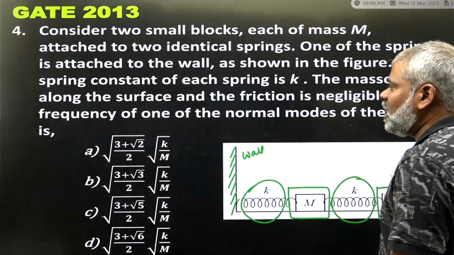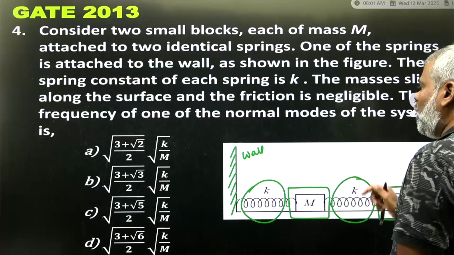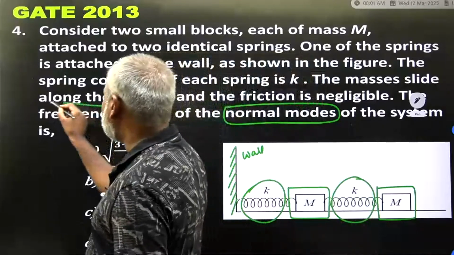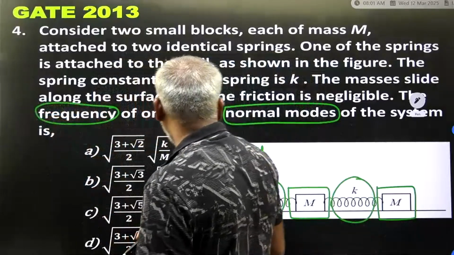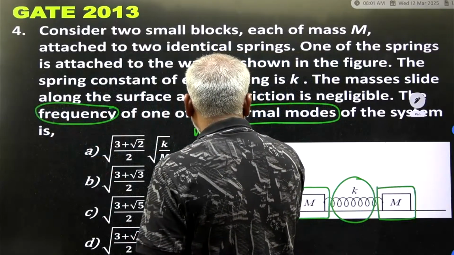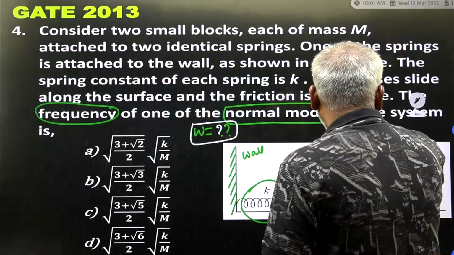They are asking for the frequency of one of the normal modes, omega equals how much. We are going to see how to calculate the frequency of one of the normal modes.